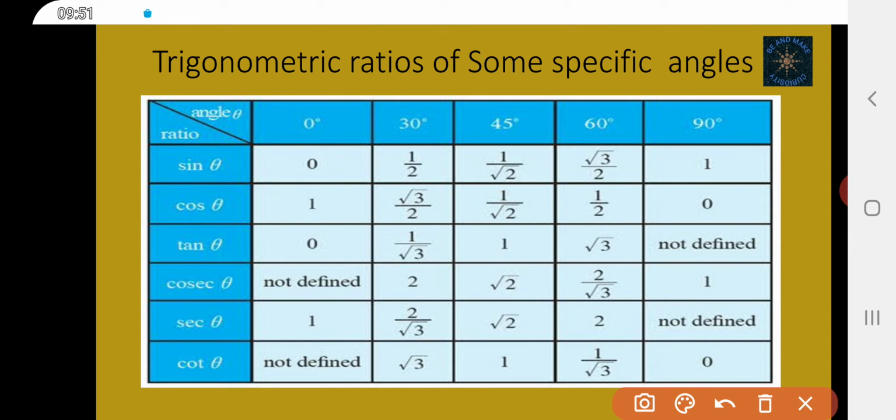And you know cot theta is the reciprocal of tan theta. So the reciprocal of 0 is not defined. The reciprocal of 1 by root 3 is root 3. The reciprocal of 1 is 1. The reciprocal of root 3 is 1 by root 3. The reciprocal of not defined is 0. So cot 90 degree is equal to 0.